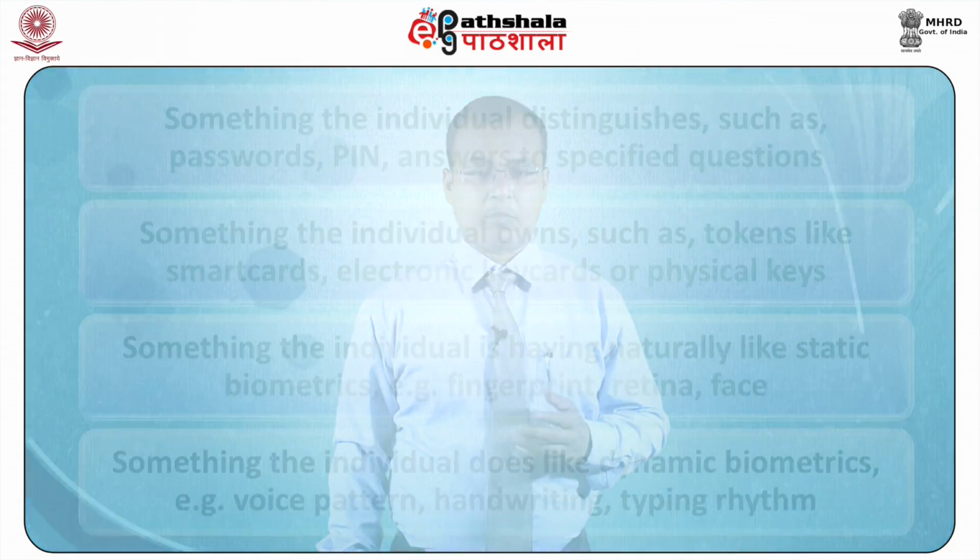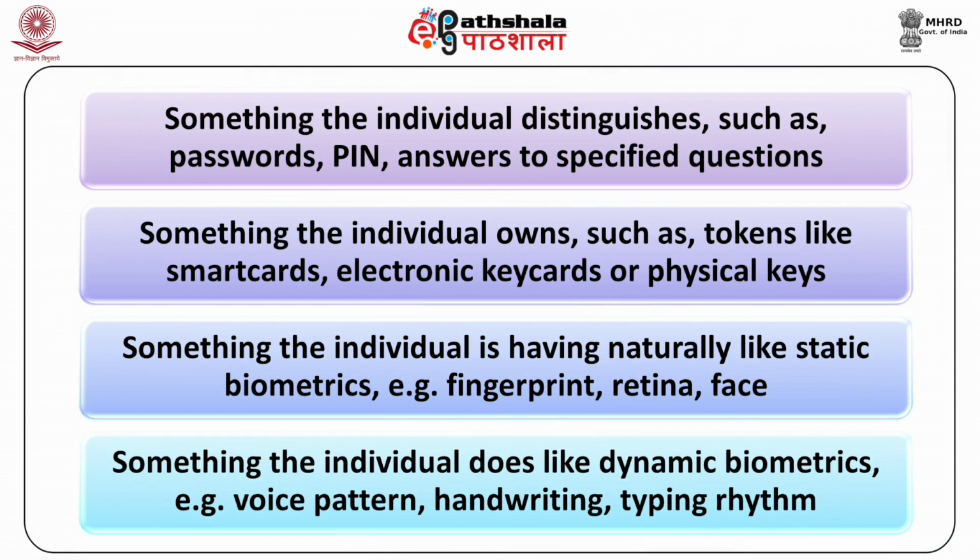There are generally 4 means of authenticating user identity based on: number 1, something the individual knows, such as passwords, PIN, answers to specified questions. Number 2, something the individual owns, such as tokens like smart cards, electronic key cards or physical keys.